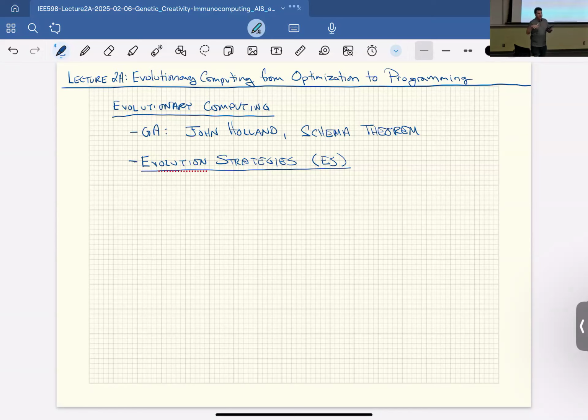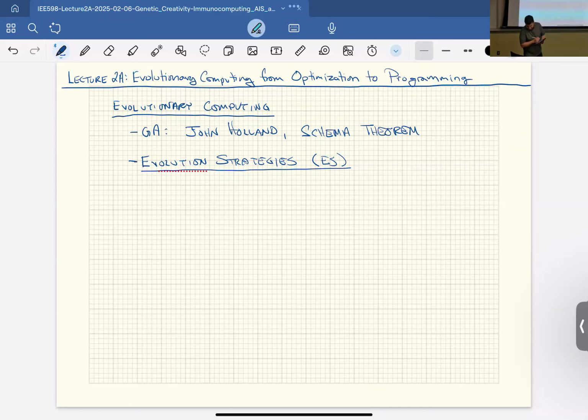They were just a different way of coming at it. I would say that the people that came up with evolution strategies did have optimization in mind. They were not interested in modeling nature, but more saying, hey, there's something interesting going on in nature. Let's try to come up with practical ways to solve optimization problems, and particularly numerical optimization problems with real valued decision vectors or decision variables.